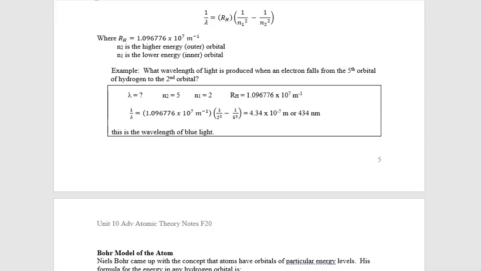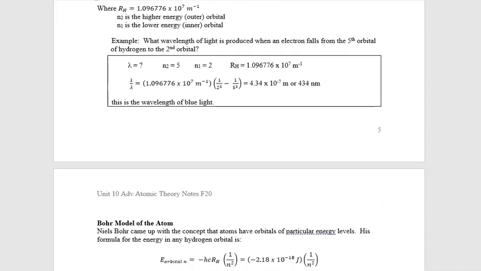When you do that, you're going to end up with 434 times 10 to the minus 9th, 434 nanometers. It's just a simple conversion. By the way, that's a wavelength of blue light. If you go back and look at the spectrum at the end of these notes, you'll see that's a wavelength of blue light.